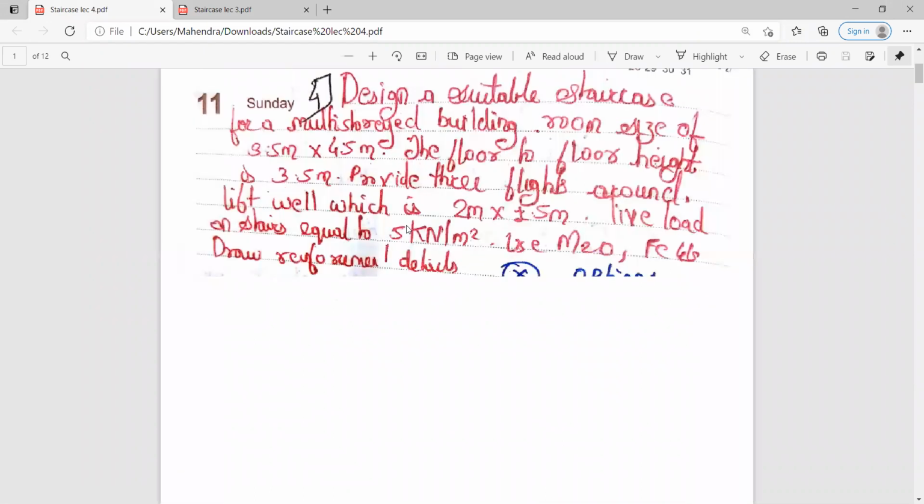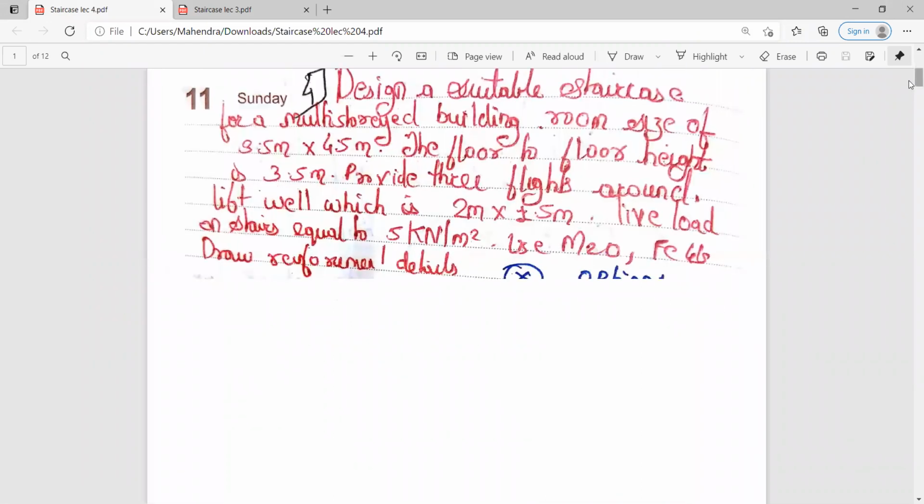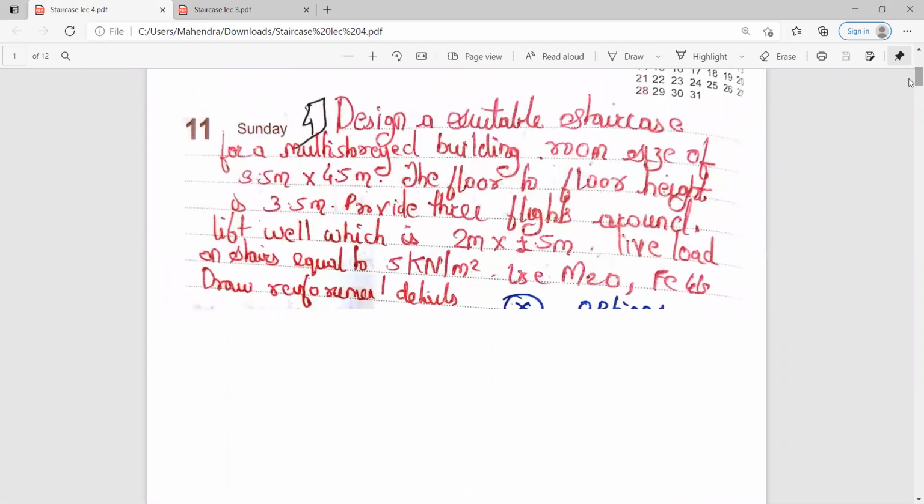In this particular sum, they have told you to design a suitable staircase for a multi-storied building whose room size is 3.5 meter by 4.5 meter and floor to floor height is 3.5 meter. And they have told you to provide 3 flights.